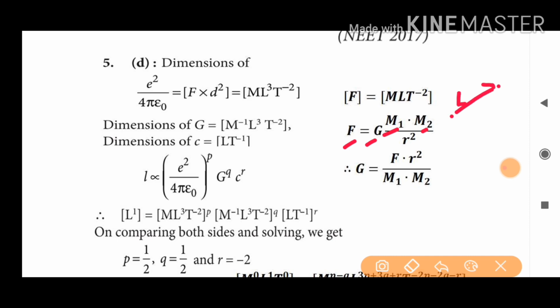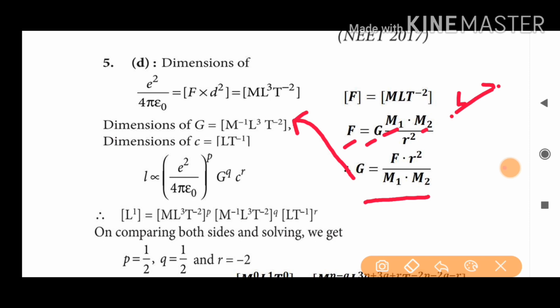You can easily calculate G from this equation: G is F r square divided by m1 m2. Putting in the dimensions of these quantities, the dimension of G is M to the power minus 1 L cube T to the power minus 2.